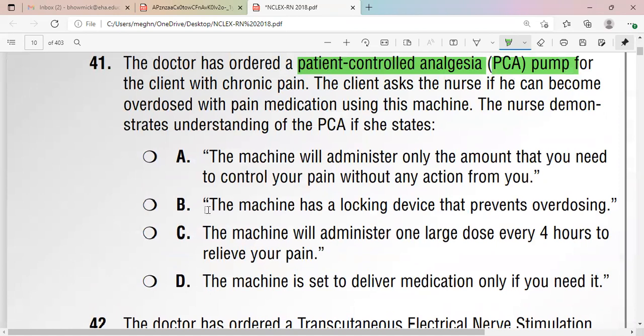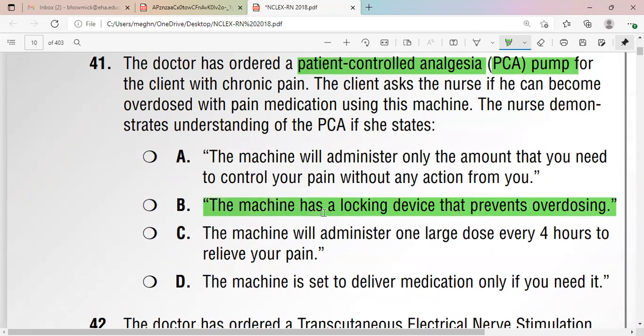So the correct answer is number B, right? The machine has a locking device that prevents the overdose. The client is concerned about overdosing himself. The machine will deliver a set amount as ordered and allow the client to self-administer a small amount of medication.